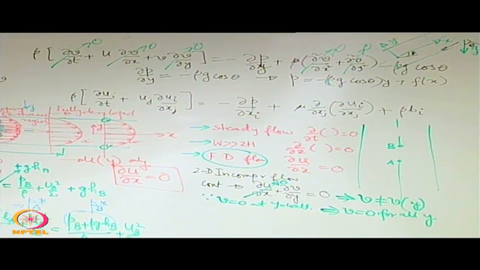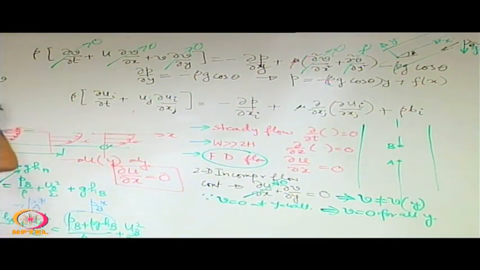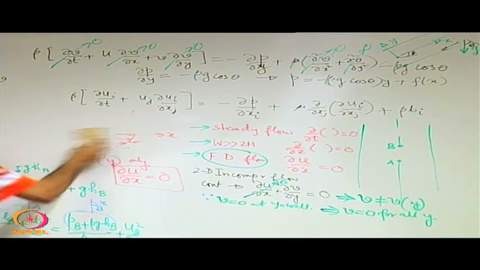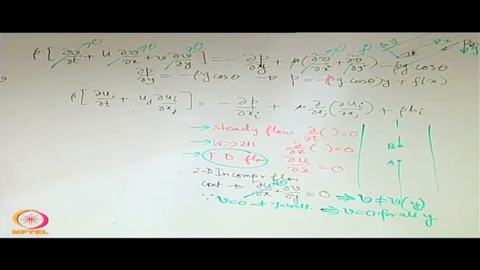Right. Next let us look into the x component of the momentum equation, which will be the important equation for getting the velocity profile, but the background is important, otherwise you cannot simplify that equation. So let us write the x component.